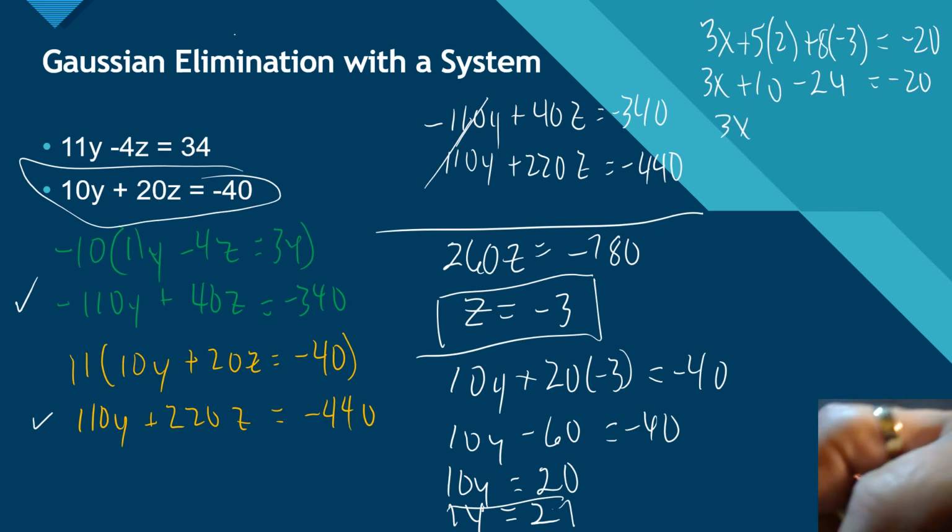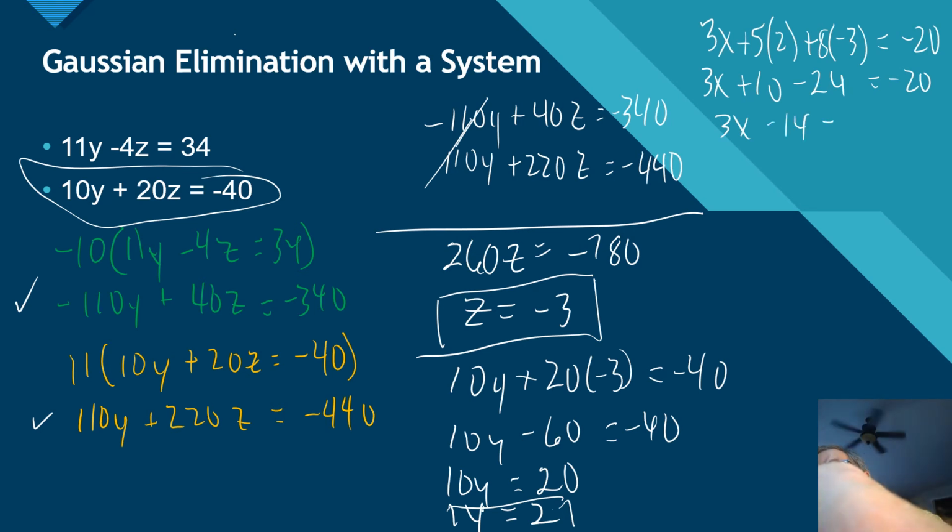So 3x minus 14 equals negative 20. Add 14 to both sides, and 3x is equal to negative 6. Divide both sides by 3, and x is equal to negative 2.